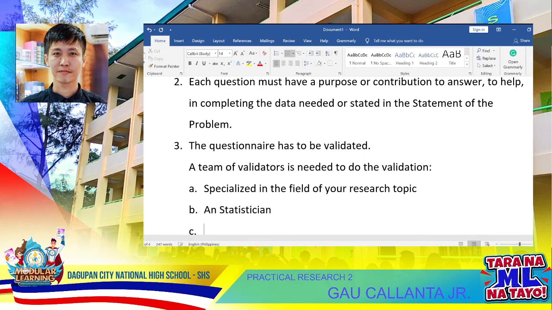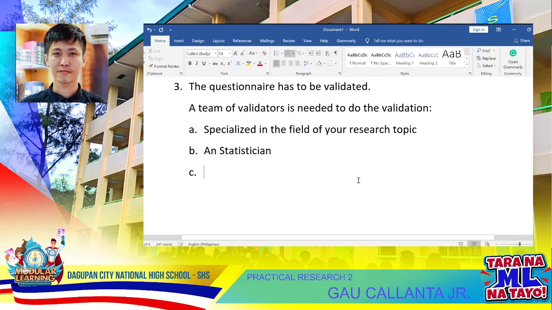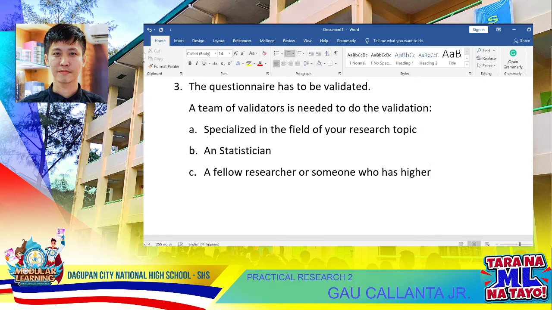And the third one to be qualified as one of the validators would be a fellow researcher, or preferably someone who is inclined into research and someone who has a higher designation than the researcher. So these are the three recommended people who can be part of your validation team.